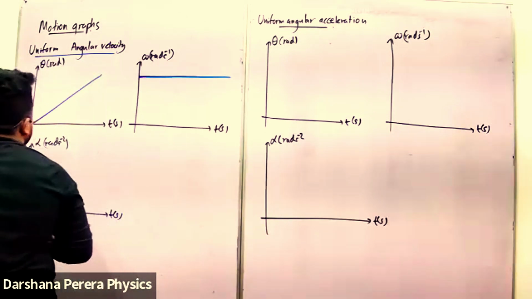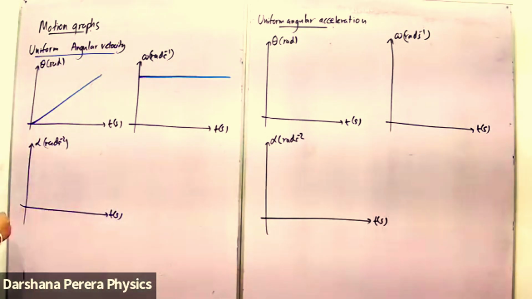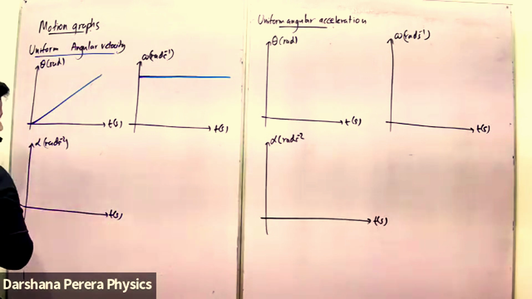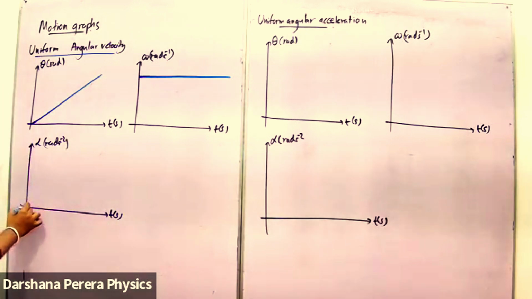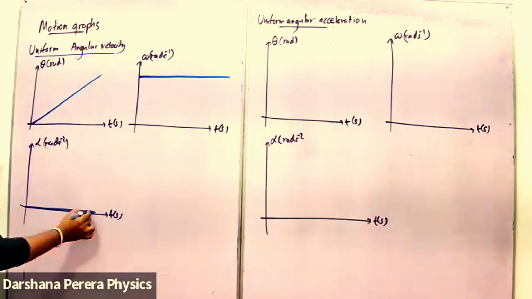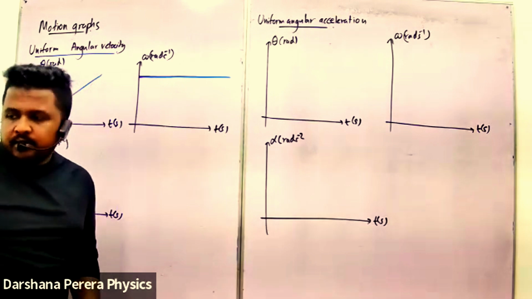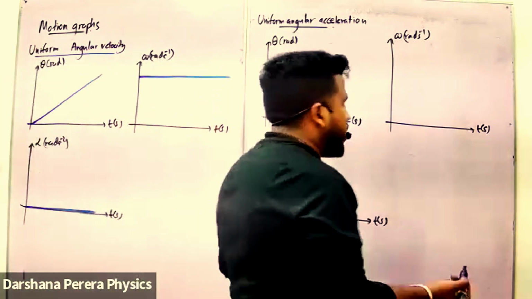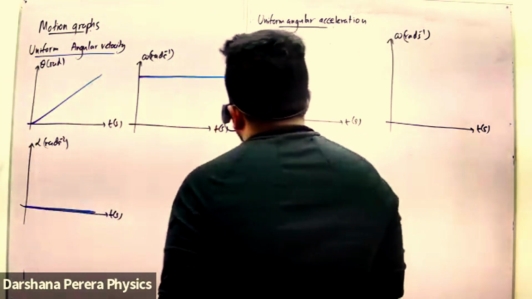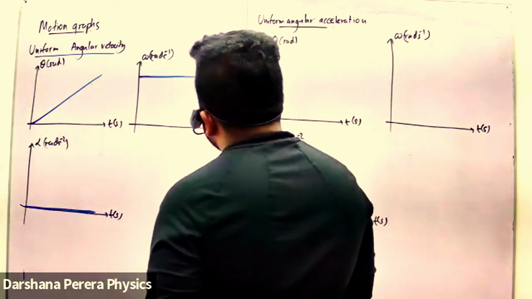It is like this. Alpha t: for uniform angular velocity there is no alpha. Why? If there is a uniform angular velocity, is there any angular acceleration? No, there is no angular acceleration.